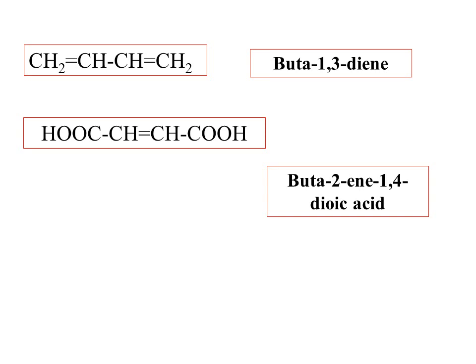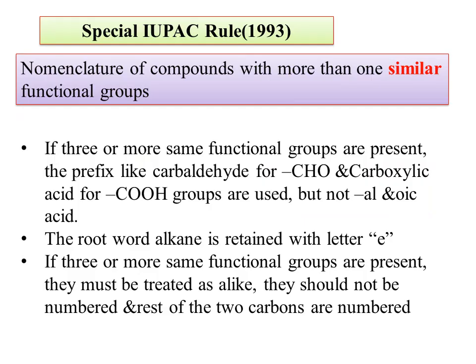Similarly, if you have a double bond and a COOH group, the lowest number should be given to the acid. The first preference should be given to the acid and the lowest number. Therefore, we are going to consider but-2-ene-1,4-dioic acid. These are the instances where the compounds are bifunctional or polyfunctional, but they consider one principal functional group.